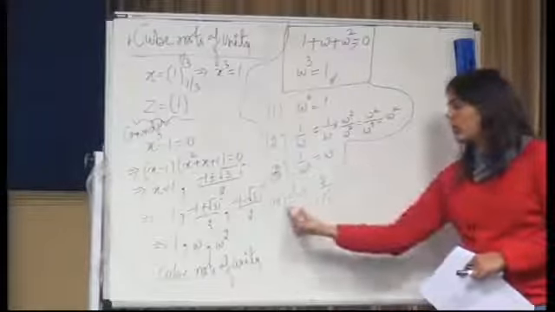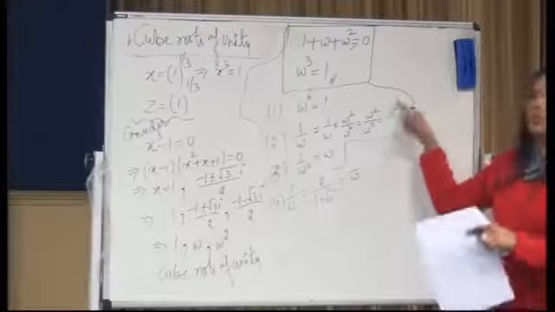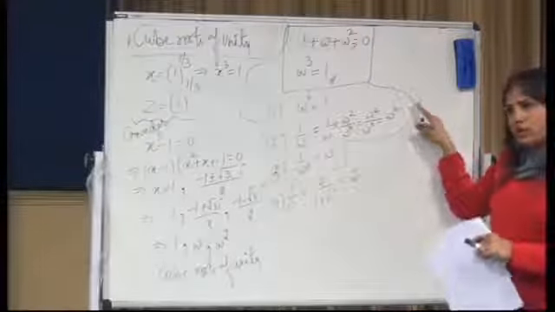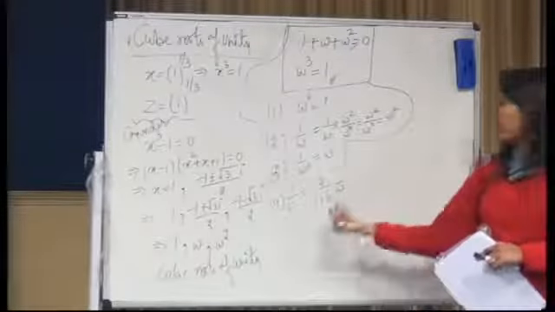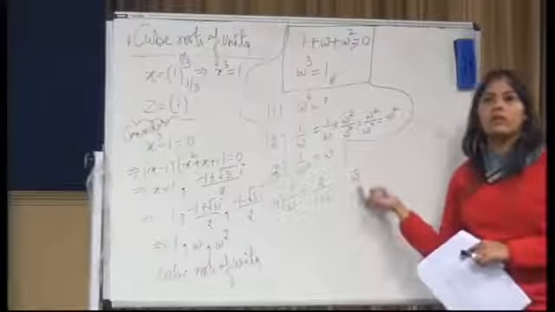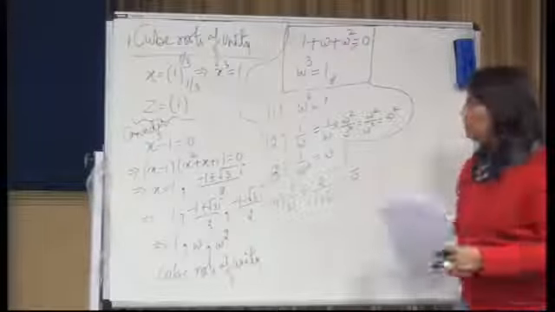So this is another property. In a question, if omega square is helping, you will write 1 upon omega as omega square. If omega bar is helping, you will write it as omega bar. So these are two values of 1 upon omega.